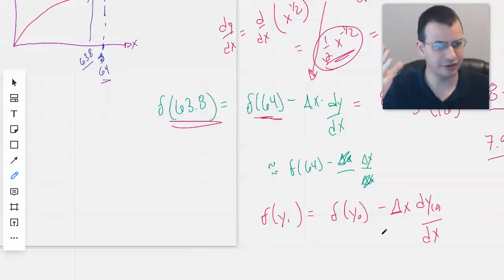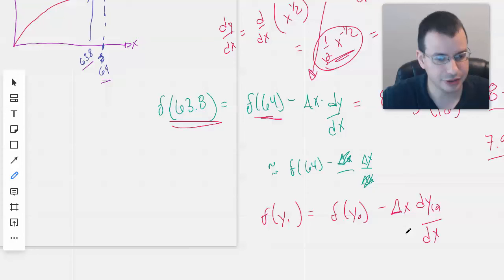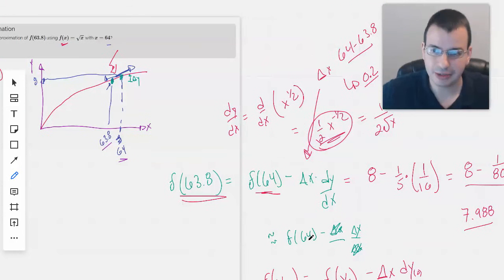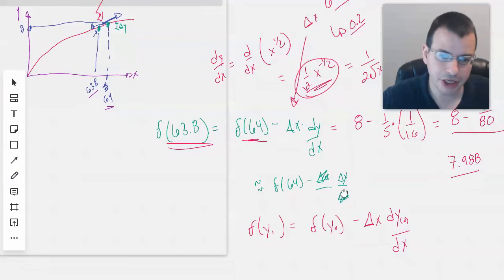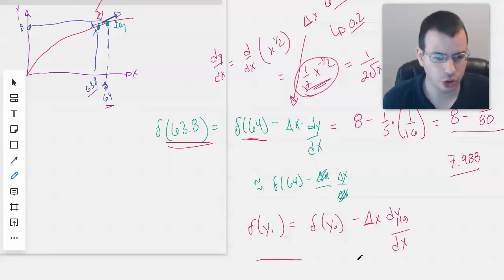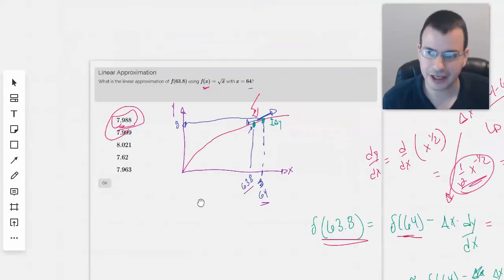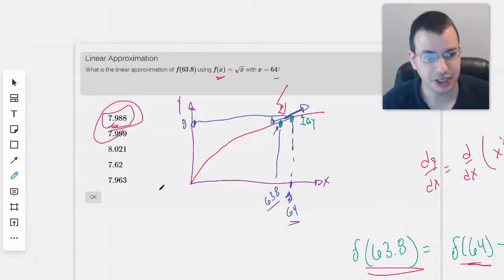Euler's method lets you step along and find different values. In the grand scheme of things, this is the same as taking a tangent line, but it's usually quicker and, for me, more intuitive. And that's how you find the answer of 7.988 as a linear approximation here.